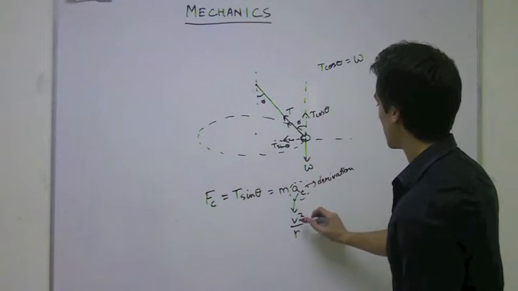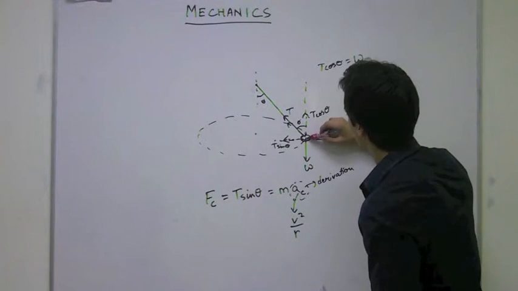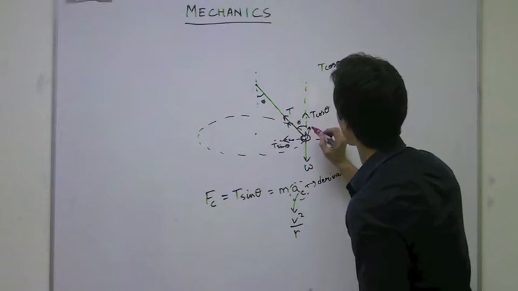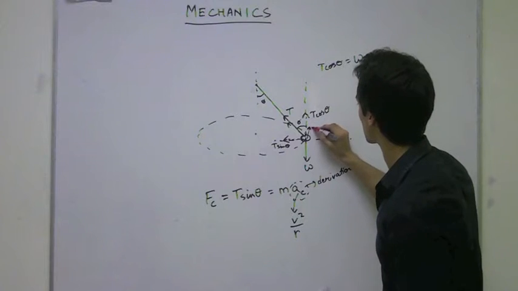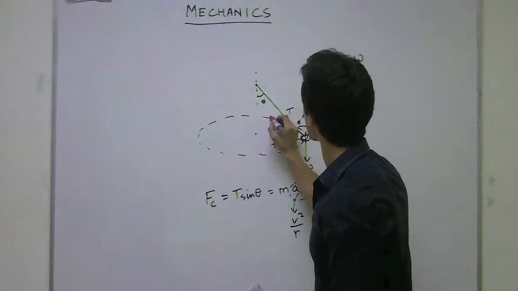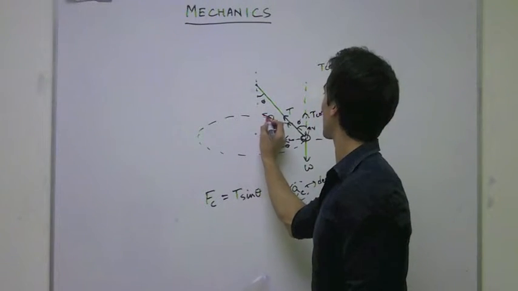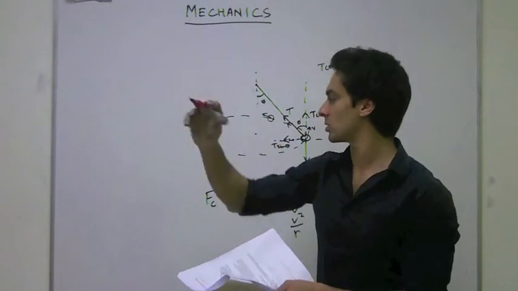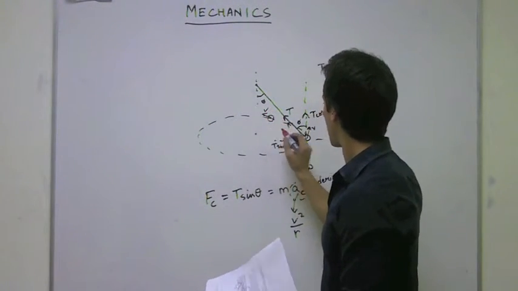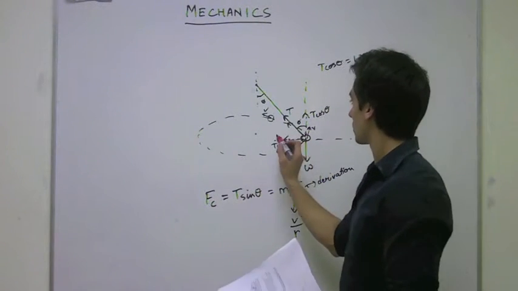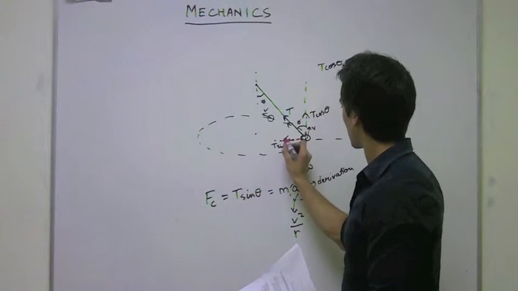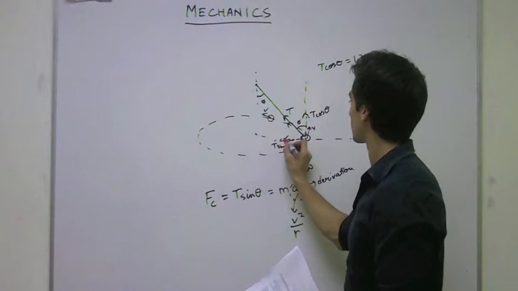Where v is the linear velocity or the tangential velocity of the stone as it moves along the circle. So when the stone reaches here, the linear velocity is in that direction, always tangential to the circle, whereas the acceleration or the force, like over here, is pointed towards the center of the circle.